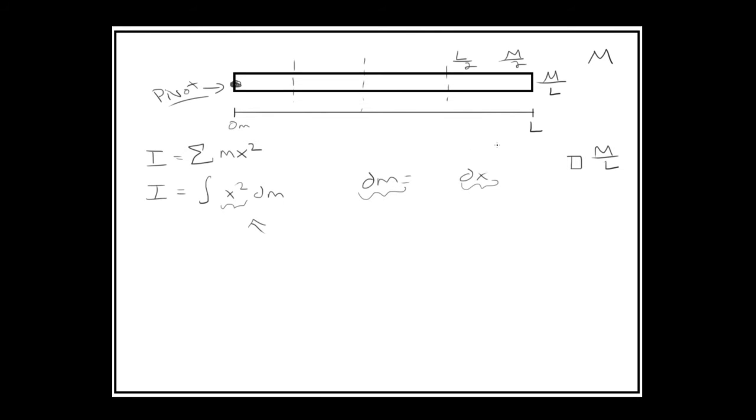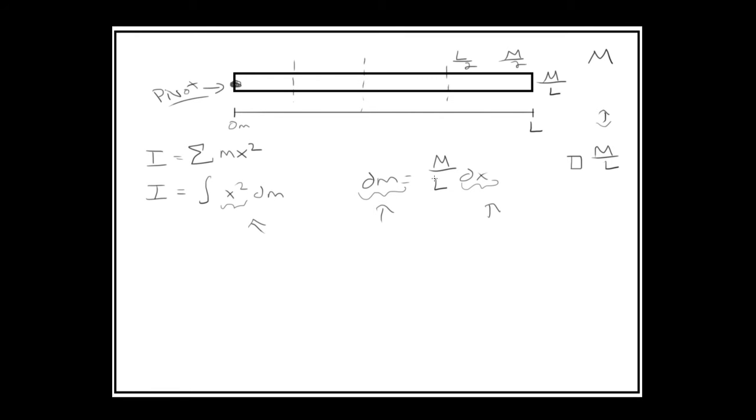Now, since this is a long, thin rod, we don't have to worry about the y direction, so we're just worrying about x. So its mass would be just the total mass of the overall rod divided by its length. So we know that the relationship between dm and dx is dm is equal to M over L dx.